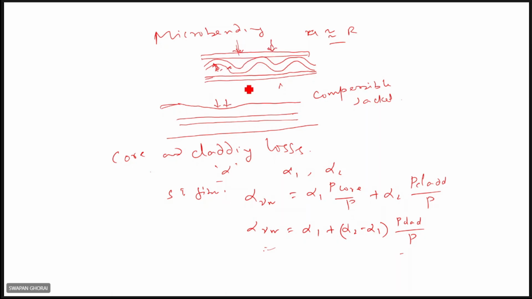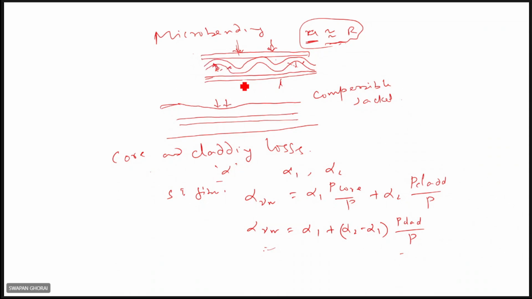Because of this pressure, some bending will be there within the fiber. You see here, this is the radius of curvature, and this is the fiber core radius. So in this case, the fiber core radius is nearly equal to the radius of curvature. That is the case of micro bending.